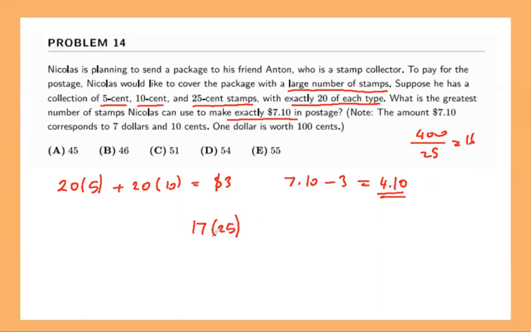But if he's using 17 of those 25-cent stamps, then this is going to be 425. So I should decrease this total by 15 cents to get exactly $7.10. To get 15 cents less than this number, I should decrease the number of 5-cent stamps by 1 and the number of 10-cent stamps by 1.